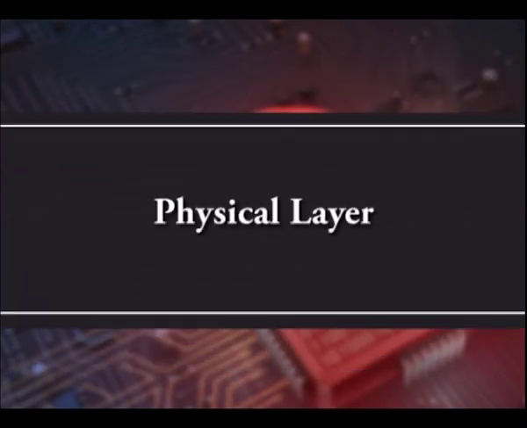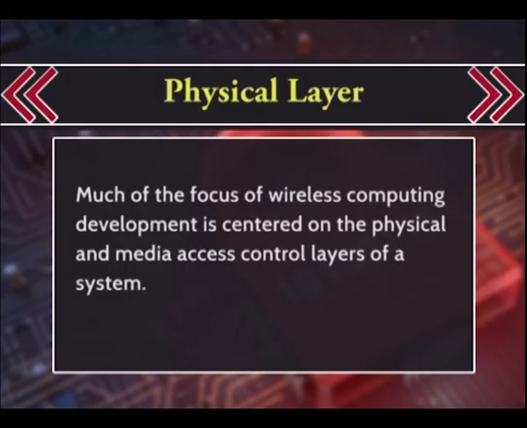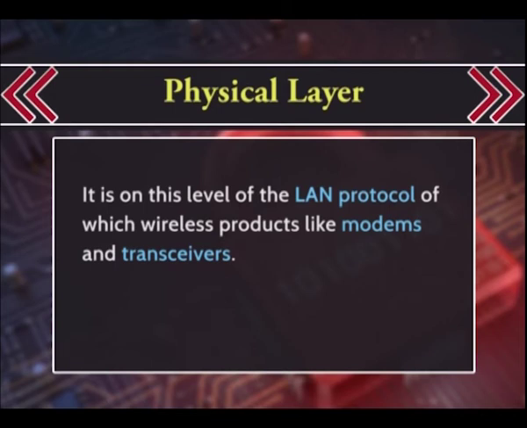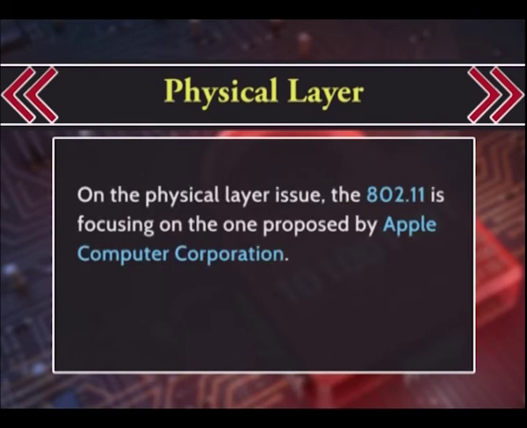Then we will discuss the physical layer. Much of the focus of wireless computing development is centered on the physical and media access control layers of the system. It is on this level of the LAN protocol that wireless products like modems and transceivers operate. On the physical layer issue, the 802.11 is focusing on the one proposed by Apple Computer Corporation.